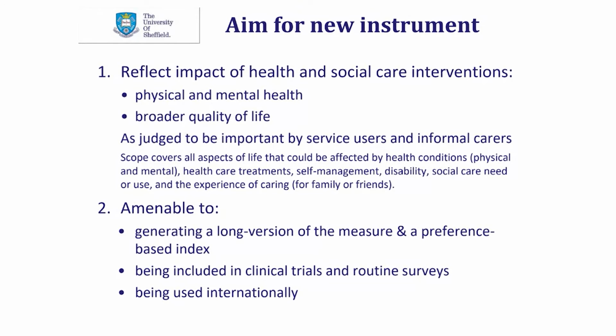And a key part of this, as you would expect, is that we were interested in things that were judged to be important by the users of services and informal carers. So we wanted to cover all aspects of life that they felt were affected by either their health conditions, their healthcare treatments, their management of their condition, disabilities, social care needs and use, and the experience of the carer. So a pretty broad remit.